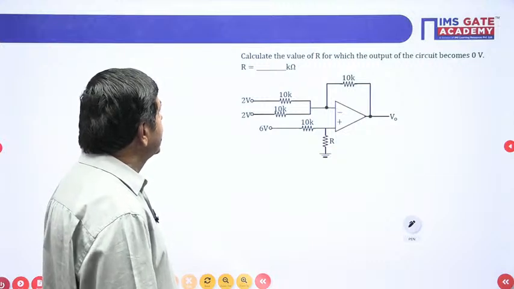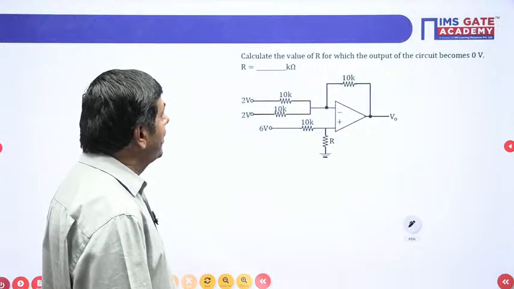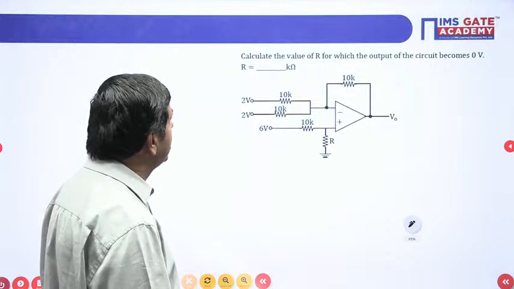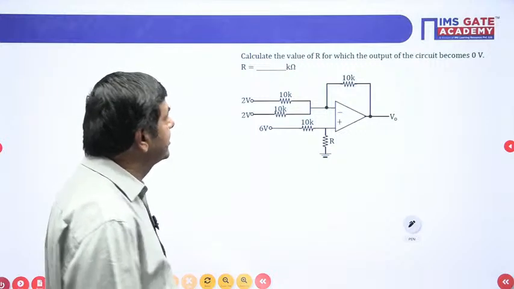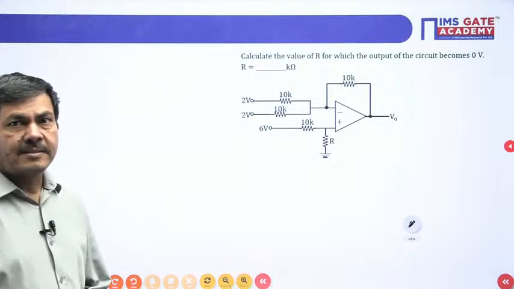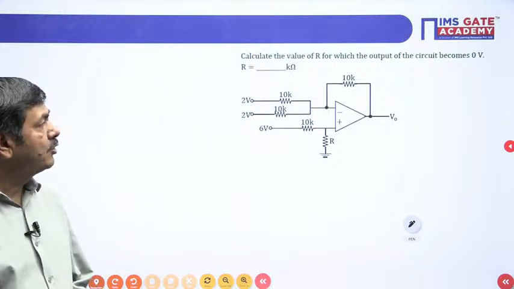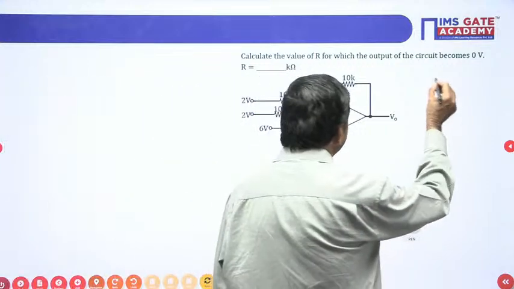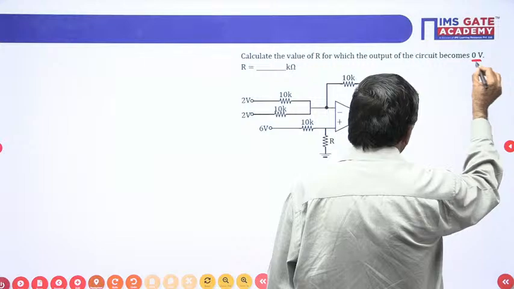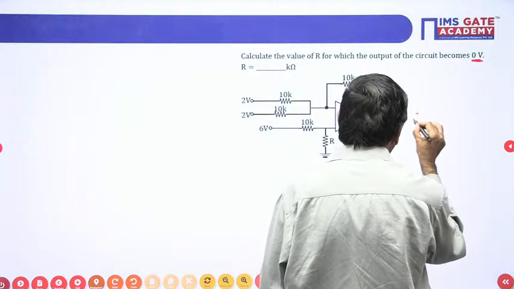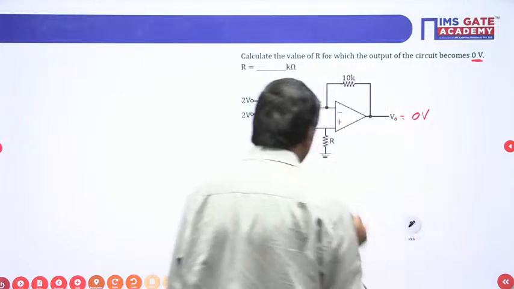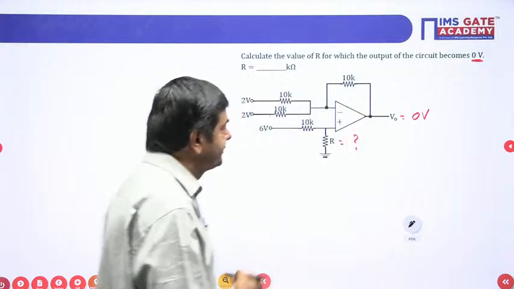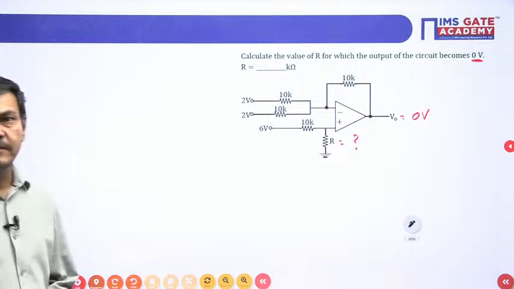The problem is asking to calculate the value of R for which the output of the circuit becomes 0 voltage, R equal to dash kilo ohms. It is asking to find the resistance R in kilo ohms. The output voltage is given as 0 voltage. That means when V0 equal to 0 voltage, you find out the value of R. That is the question only.